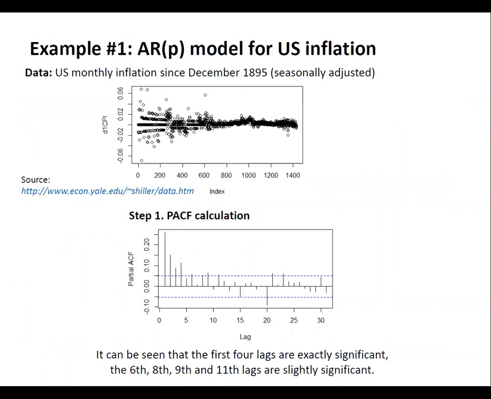Let's consider the first example. You have a DGA.txt file in your handouts. There is a price level in the United States. Based on this price level, you can calculate the first differences. This will be monthly inflation.